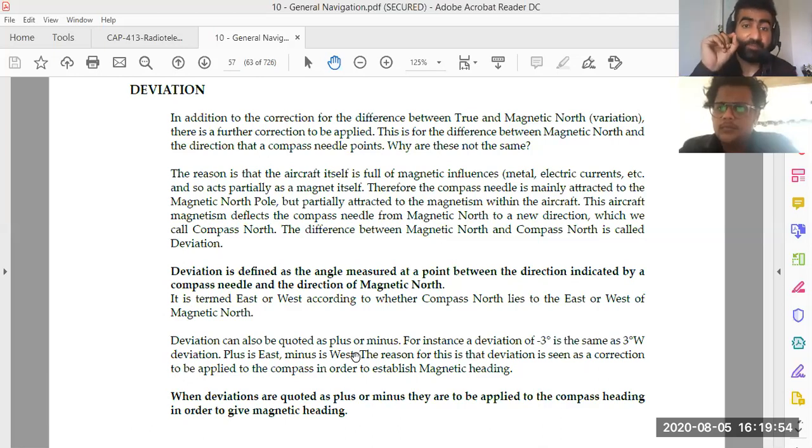This is just the representation. What people confuse is that if they see the deviation is in the west, then they minus the value. That is not the case. Remember, write it down.